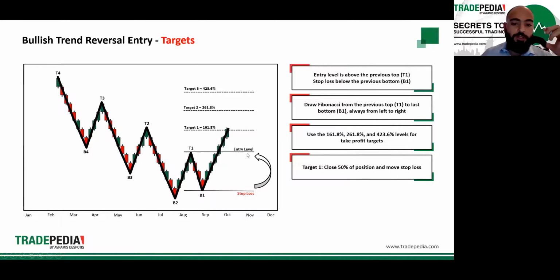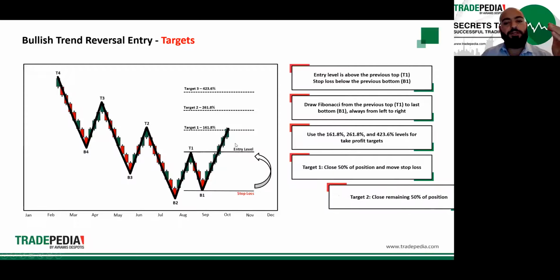And then hold on to the remaining 50% of the position towards target 2. As soon as prices reach target 2, you close everything and you wait for the next opportunity to trade. Is it clear?